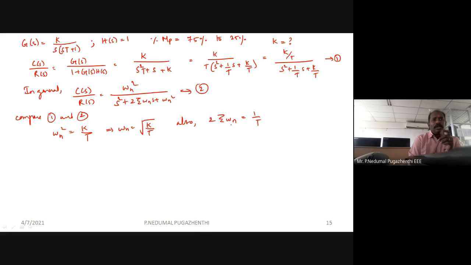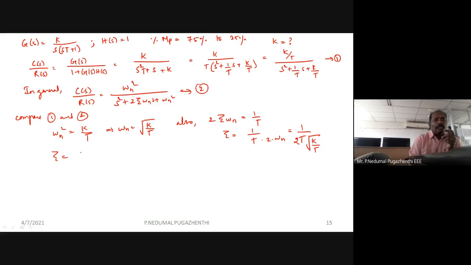And already you know the relation of omega n. So zeta is equal to 1 by t into 2 into omega n. So 1 by t, or I can write 2t square root of k by t. Still I can reduce it.